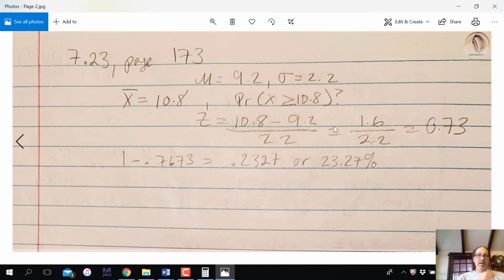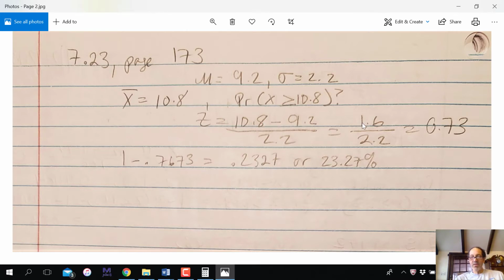All right. The mean is 9.2. The standard deviation is 2.2. Here we're actually dealing with a mean, so that's why it's not an individual value, but it kind of is an individual value. So for 10.8, the probability of x being above 10.8, it's 10.8 minus 9.2 divided by the standard deviation.